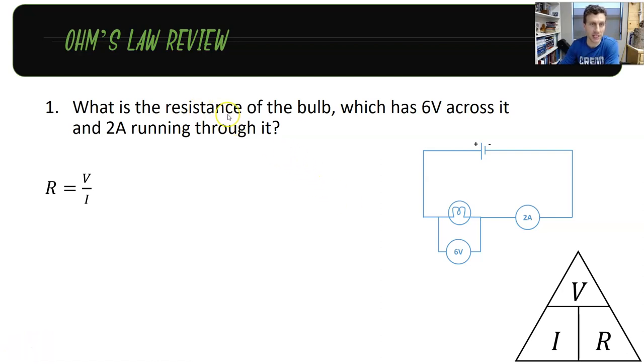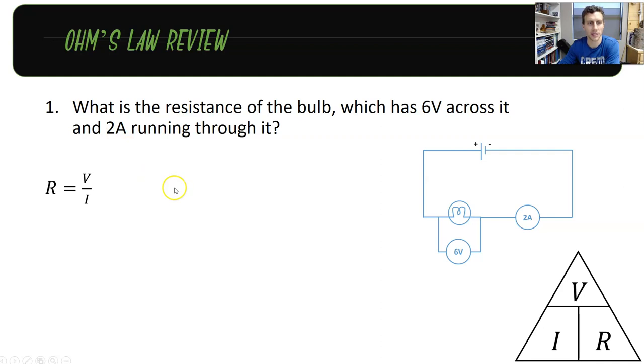Okay, so the question is asking for resistance, so I want a formula for resistance. And this triangle tells me that R is equal to V over I. The voltage divided by the current. So what is the voltage and what is the current? Well, voltage is 6 volts, and current, which is measured in amps, is 2 amps.